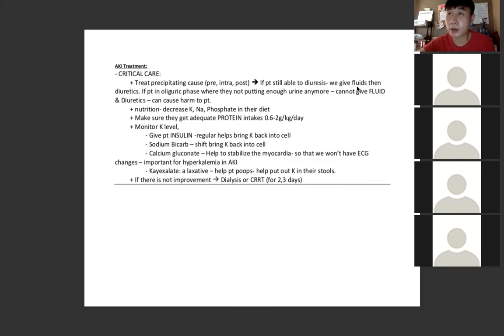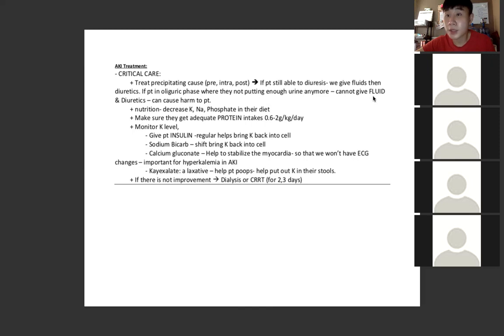If the patient is in the oliguric phase, which is the phase where the patient doesn't produce urine or produces very little urine, less than 400 ml per day or less than 30 ml per hour, we cannot give them fluid and diuretics because this can cause harm to the patient.